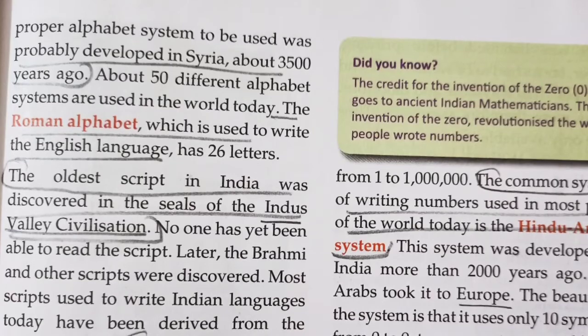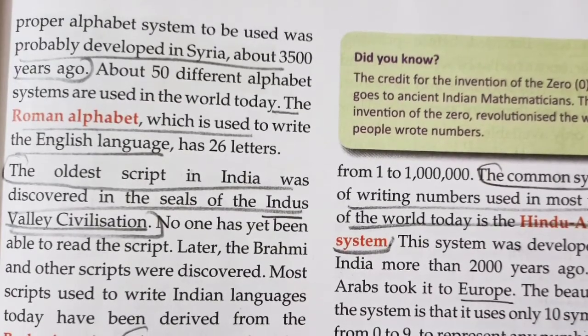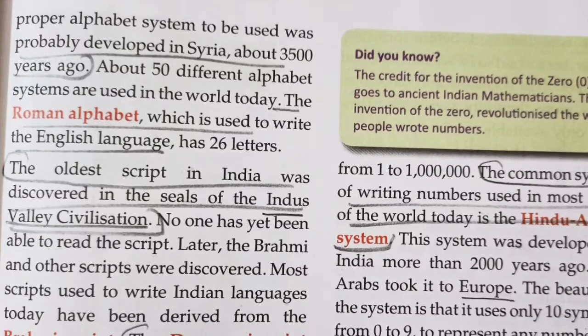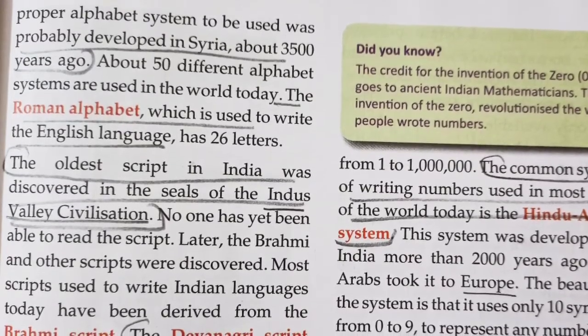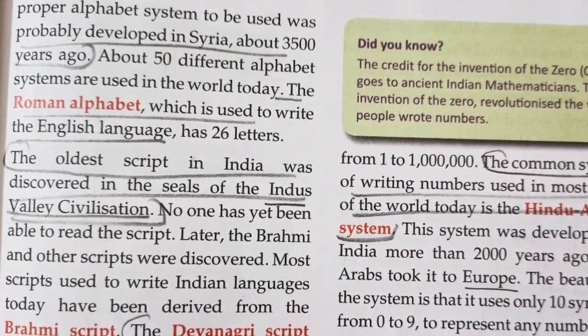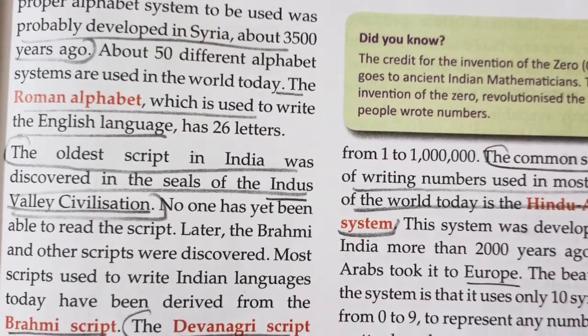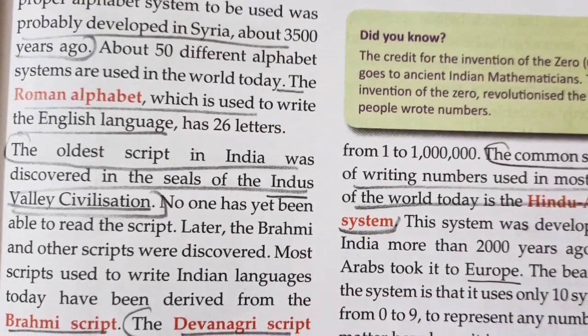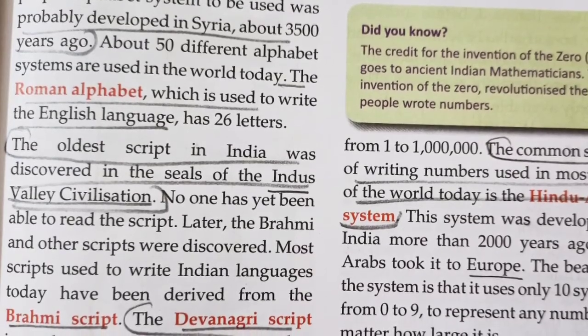About 50 different alphabet systems are used in the world today. The Roman alphabet, which we use to write the English language, has 26 letters, and we are all very familiar with these things as we read in English, and we know that there are 26 alphabets available in English.